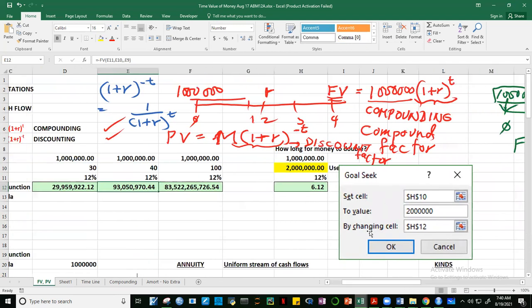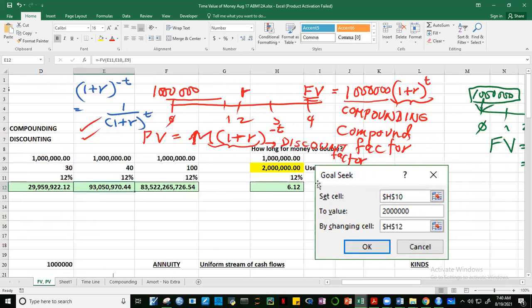Okay, then last time also we learned how to compute for the number of periods wherein our money will double. Nakalimutan ko lang dito sa inyo guys, i-mention yung power of 72. No? Okay. We can use the power of 72 to determine gaano katagal magdodoble yung pera. Okay.